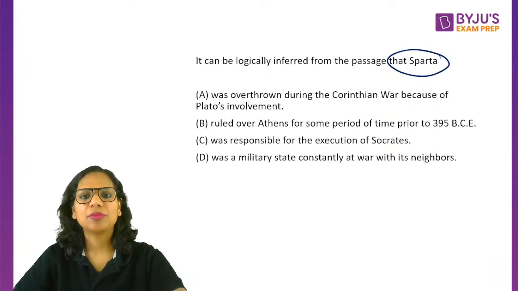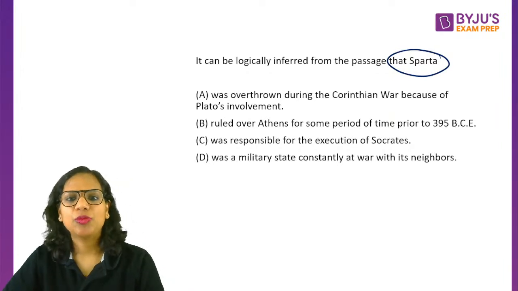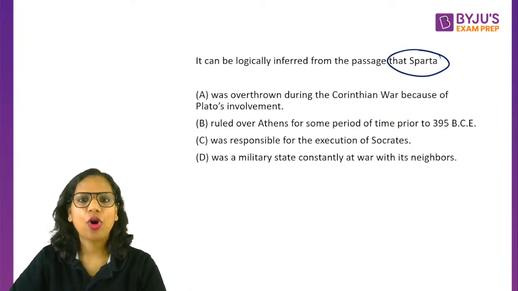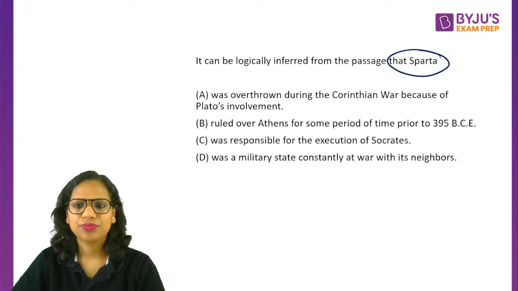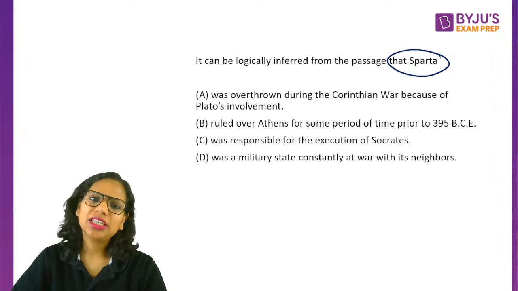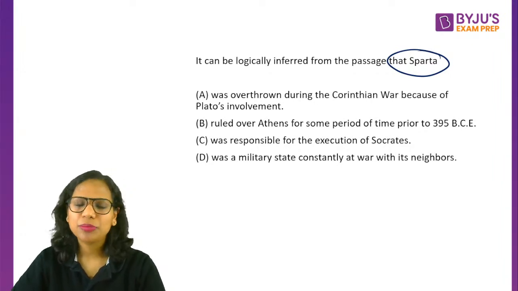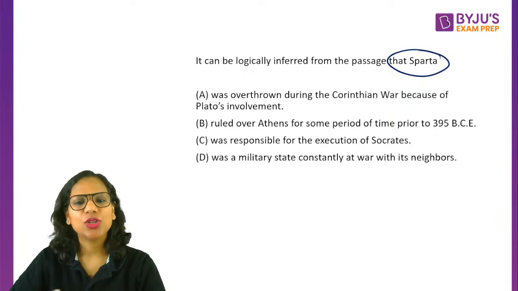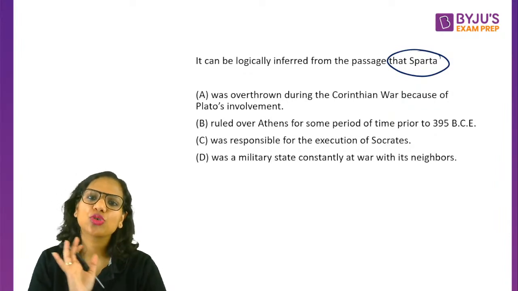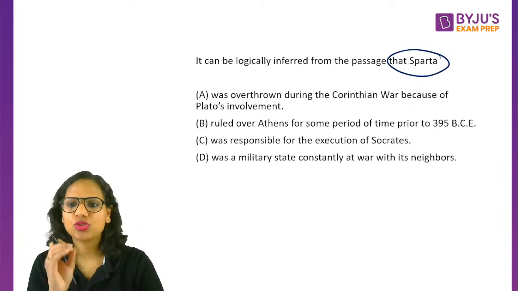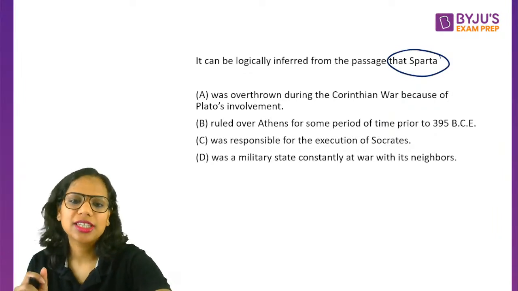So how would I attempt this in the exam? I'll read the options and eliminate what I can based on my memory. Or, if you do not remember anything about Sparta at all, you can first go to the passage and then eliminate altogether. So whatever suits you. Very good, Ladin.